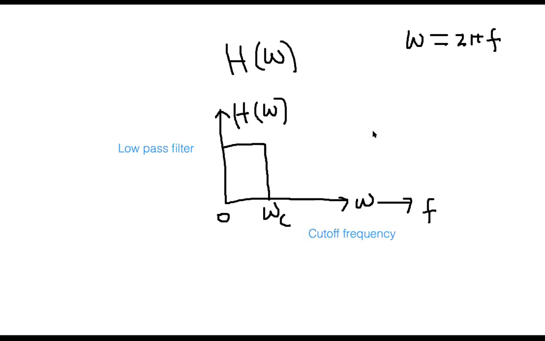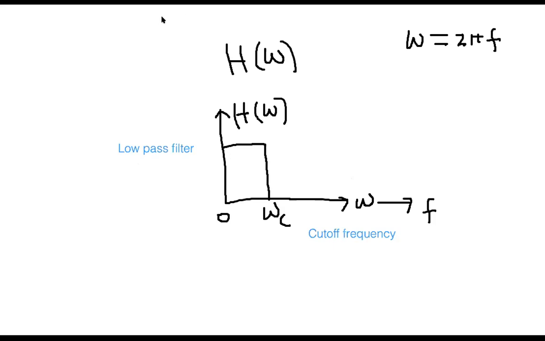So for the low pass filter, it will pass until a certain point. This means basically it will pass only the low frequency, from 0 until this point, and after that it will not allow. That is why it is called the low pass filter.